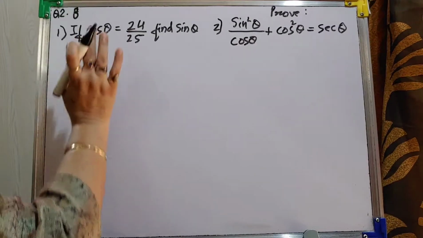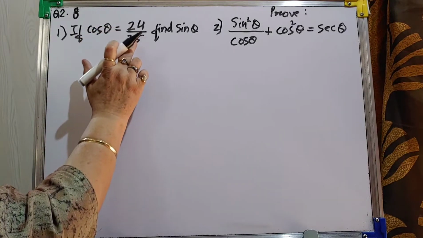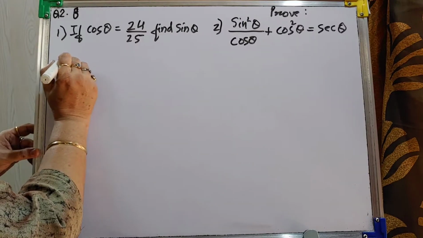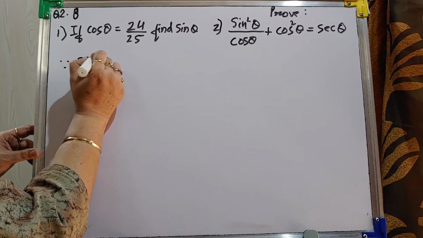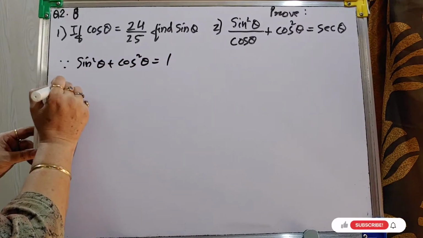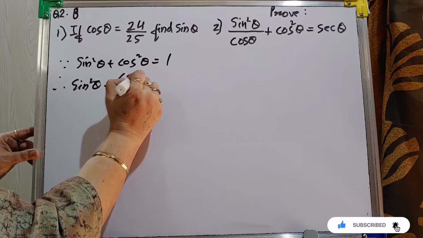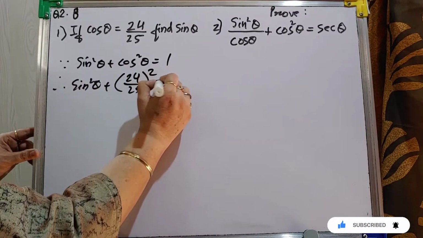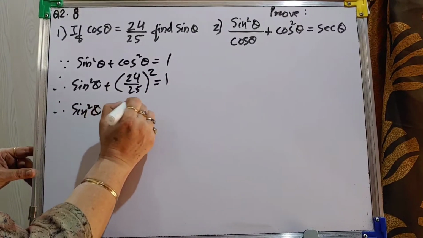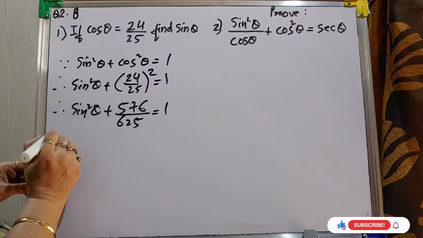B part, 2 mark sums. Now cos theta is given as 24 by 25. You are asked to find sin theta. You know that sin square theta plus cos square theta equals 1. Therefore, you can substitute the value 24 by 25 for cos theta. Square of this is 576 upon 625, equals 1.